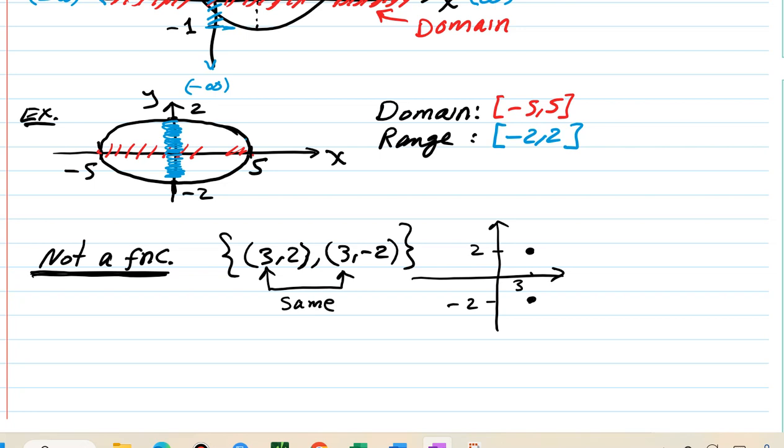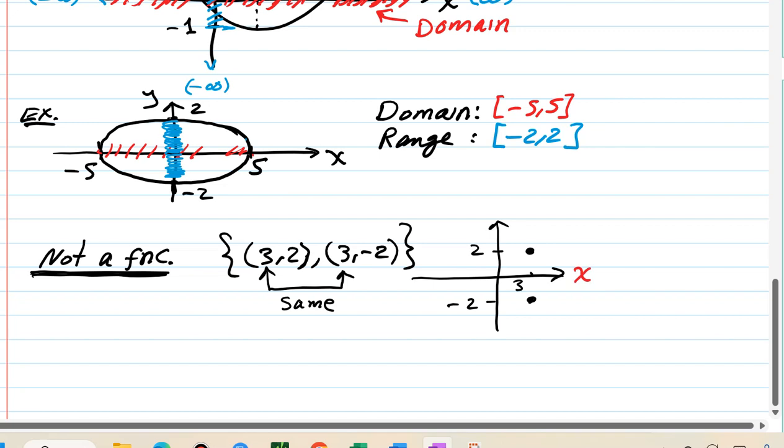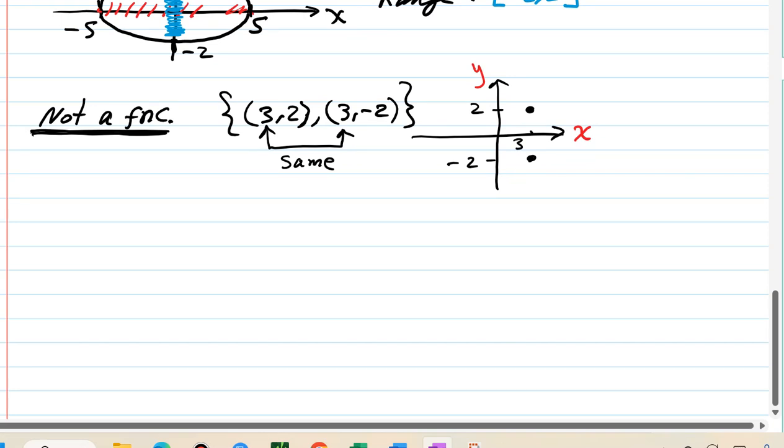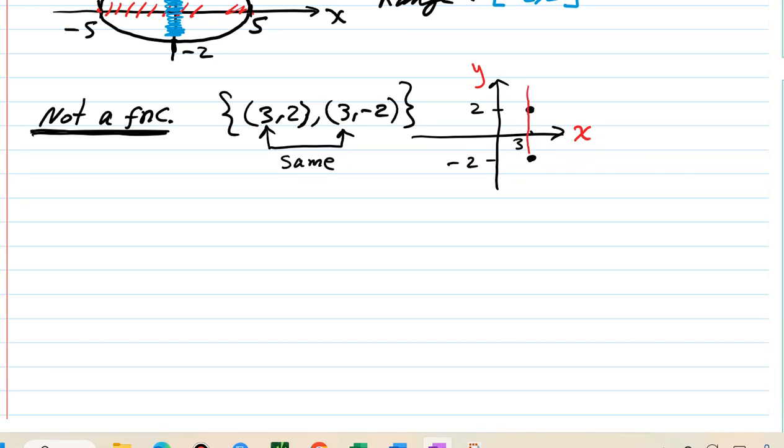Now, something interesting happens here on the graph when we plotted these 2 points. If I draw a vertical line through these points, the line will go through both points because the line will go at 3, right? It will go through x equals 3.